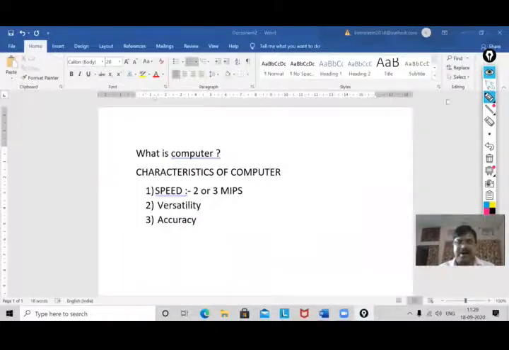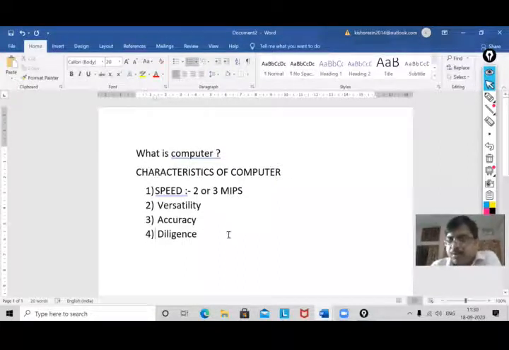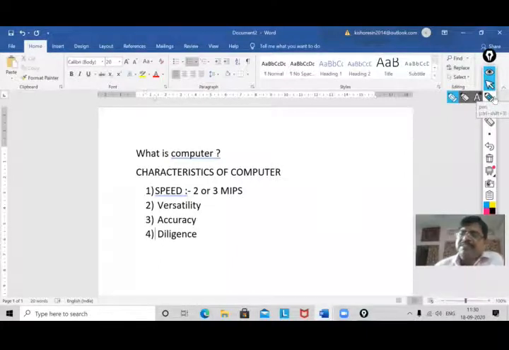Now the next part, that is diligence. Now, what is diligence? See, if you want to perform the same task by the computer again and again, that is called diligence.